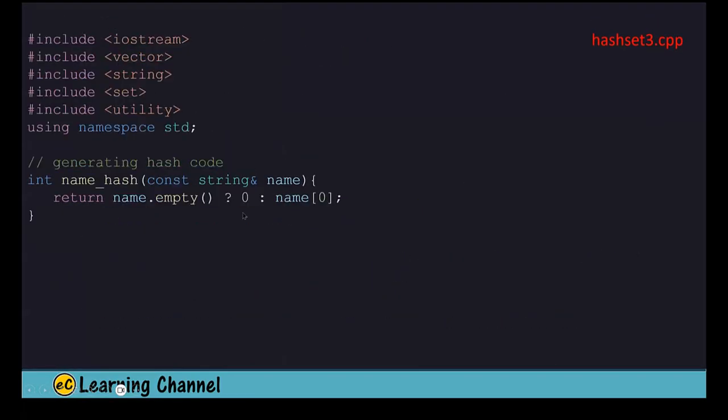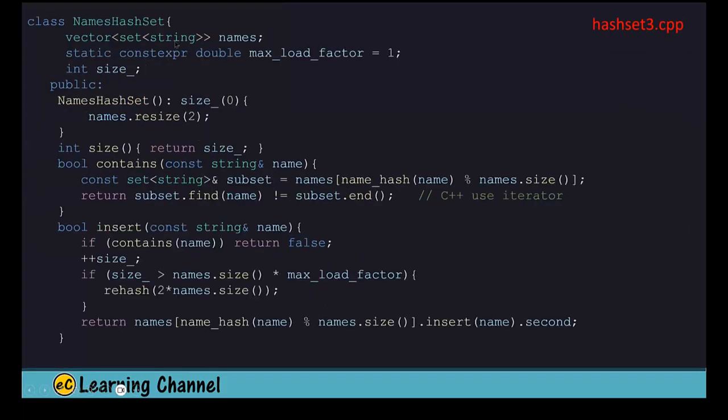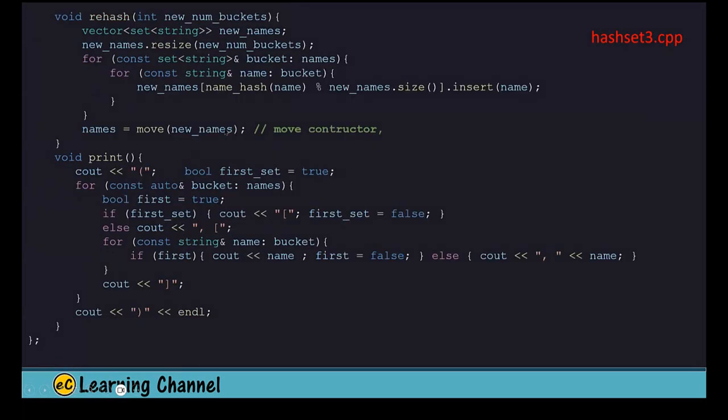Inside here you have a length hashing function, and then a hash table with a vector of sets of strings. There's a constructor, a contain function, an insert function, a print function and a rehash function. These are the different functions supporting the hash sets.